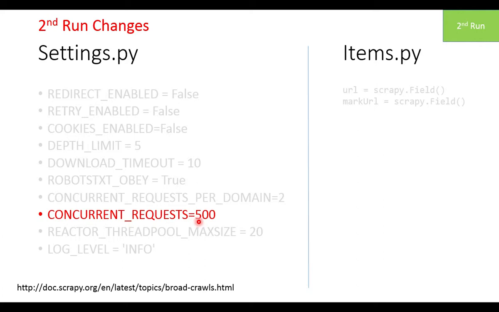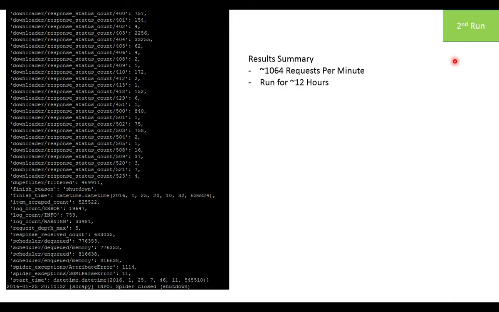In the first run, you may recall this value was set to 100, and in the second run, it's set to 500. No other changes were made. Of course, the content extraction remained the same. So with only this one change, the second run was performed.